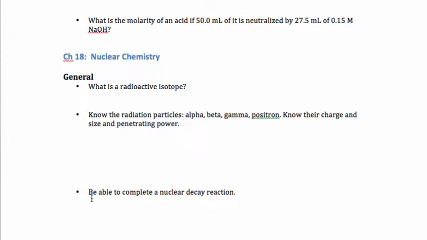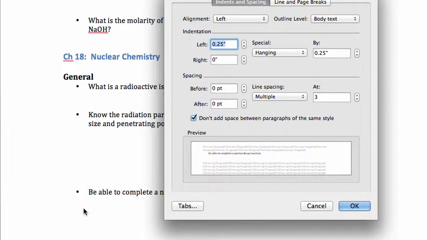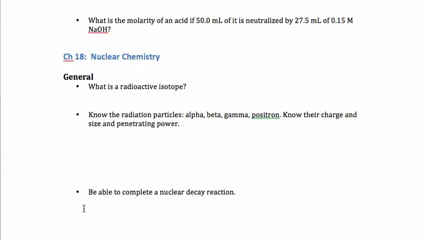The last question is a titration problem question. All right, we've got an acid. What is the molarity of an acid if 50 mils of it is neutralized by 27.5 mils of 0.15 molar NaOH?